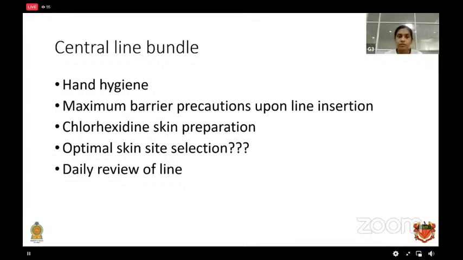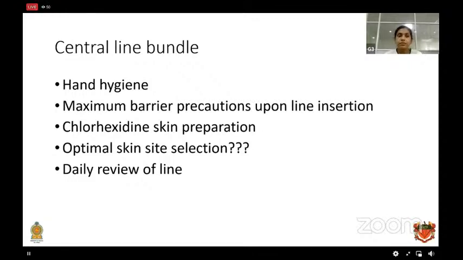So whatever the site you use to put in a central line or VASCAT, you have to strictly adhere to sterile precautions, and until removing it, you have to handle it in a sterile manner, because otherwise the infection goes directly into the major vessel, so it can cause more complications. So that is the main thing.